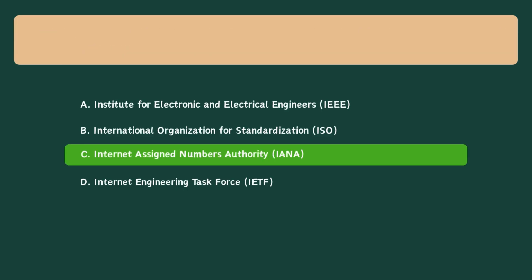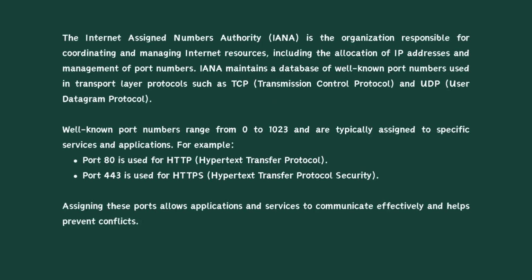Authority. The Internet Assigned Numbers Authority, IANA, is the organization responsible for coordinating and managing Internet resources, including the allocation of IP addresses and management of port numbers. IANA maintains a database of well-known port numbers used in transport layer protocols such as TCP, Transmission Control Protocol, and UDP, User Datagram Protocol.